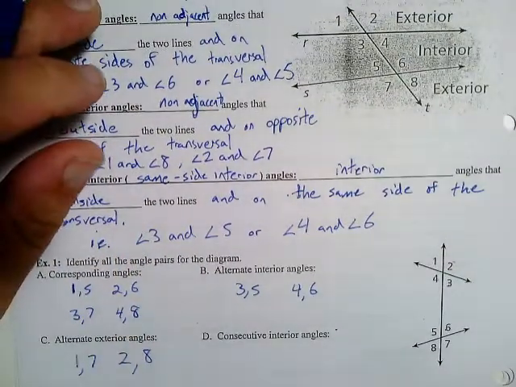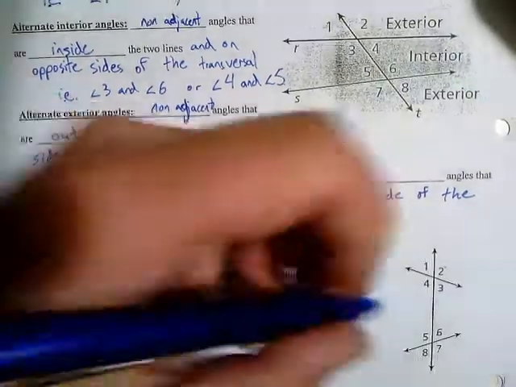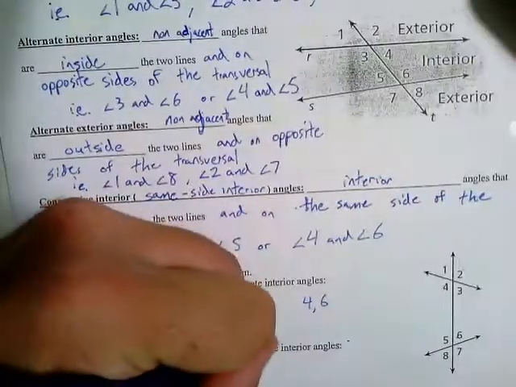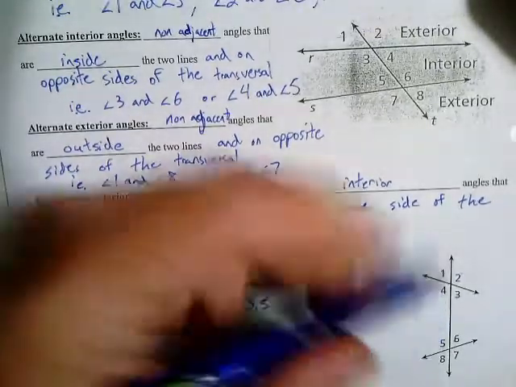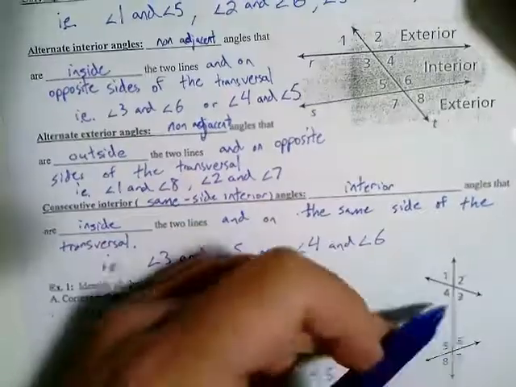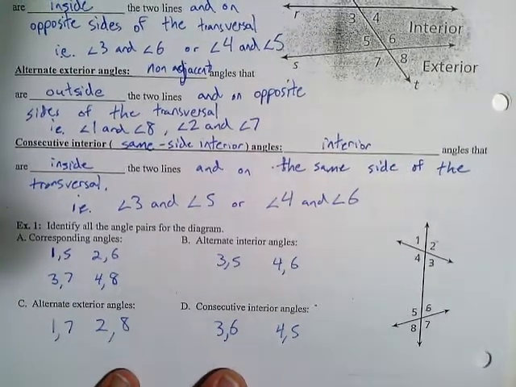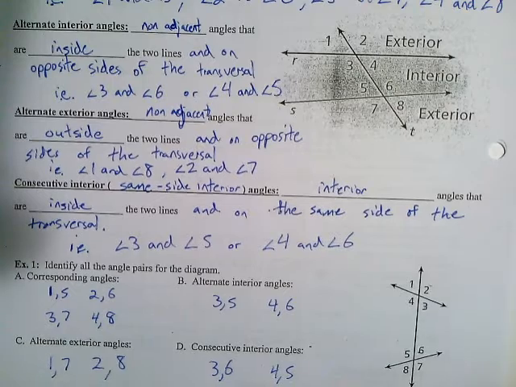And then consecutive interior angles, or same side interior, would be 3 and 6, and 4 and 5. Those are on the same side of the transversal, and they're interior. So those would be our angle pairs for that set. That is the start of it. We'll get to some properties of that in the next video.